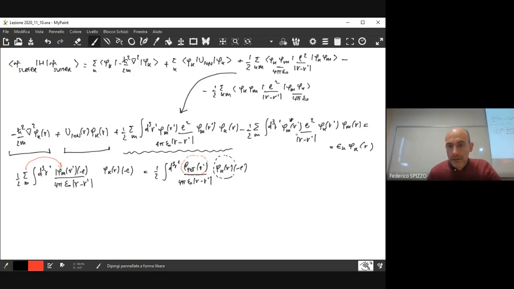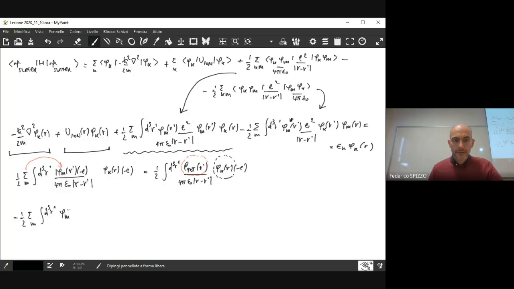And the last term, that is the term that is related to the exchange contribution to the expectation value, cannot be written using the same method, because in this case we have minus 1/2 summation over m of d3r prime.